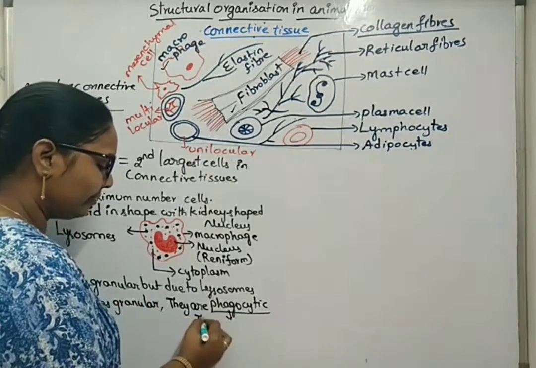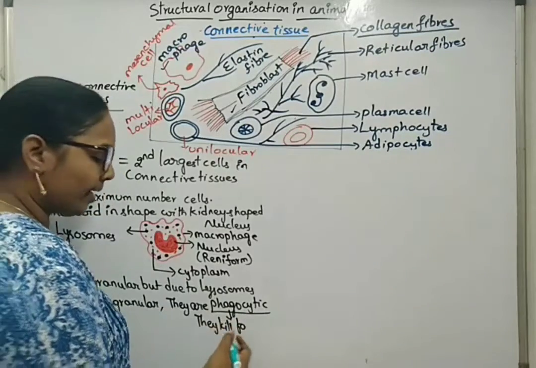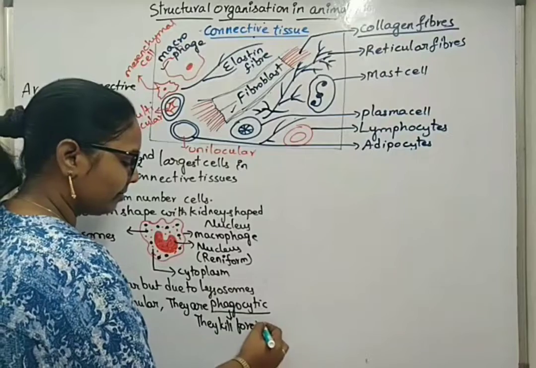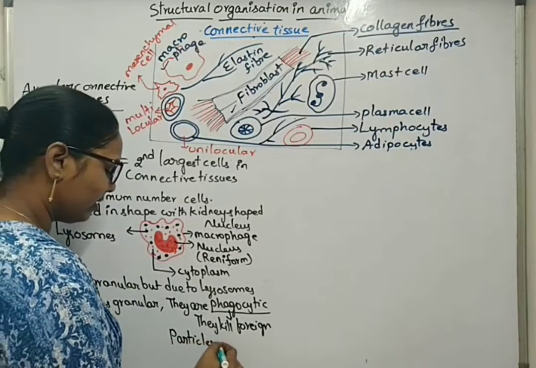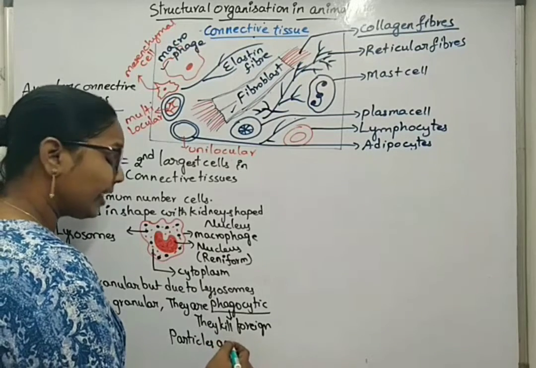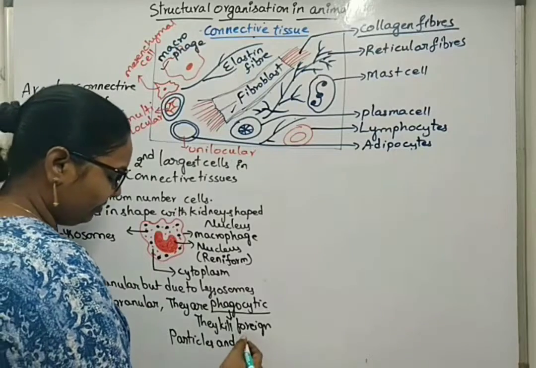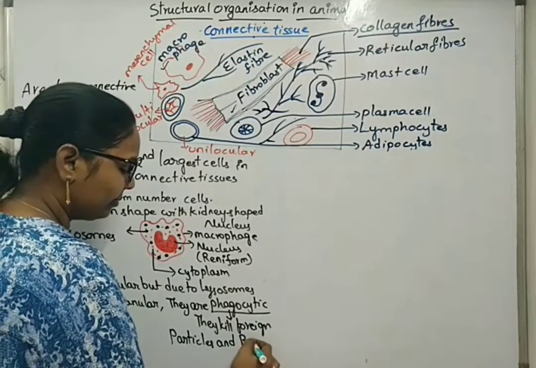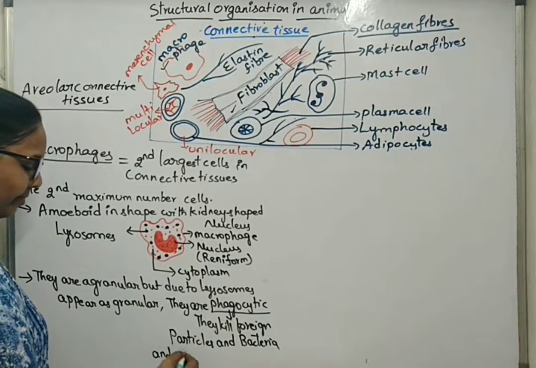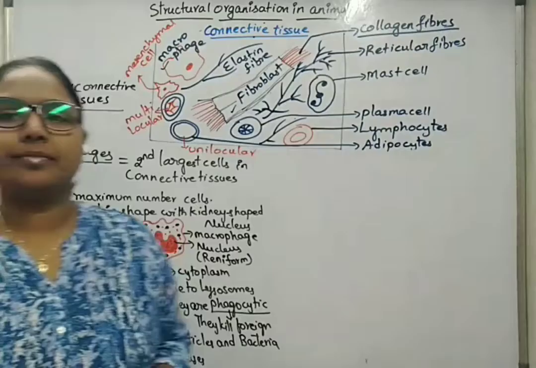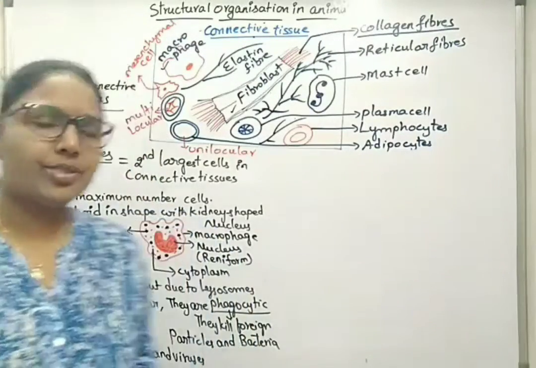Here they kill foreign bacteria or foreign particles that enter into the bloodstream or connective tissue, and also bacteria that entered into blood and viruses. They remove the dead and damaged cells. They clean the connective tissues.